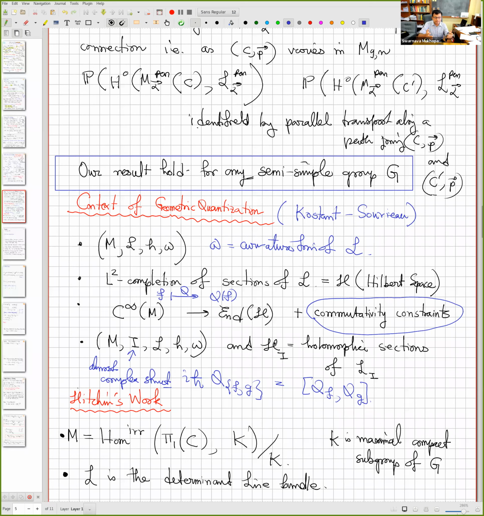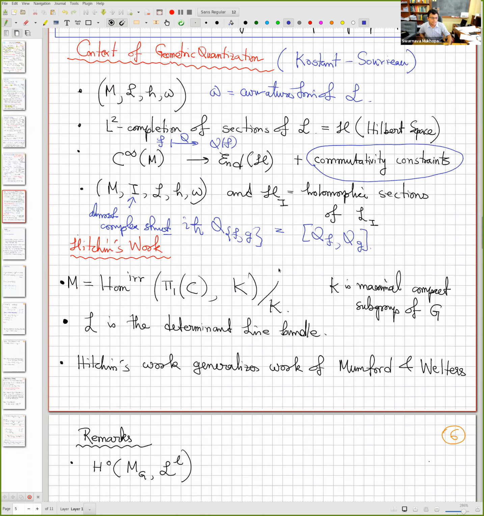So Hitchin studied this in a very familiar context, in the case of moduli of bundles, or in particular you can think of this as the character variety, also by the Narasimhan-Seshadri theorem. So C is a smooth curve.